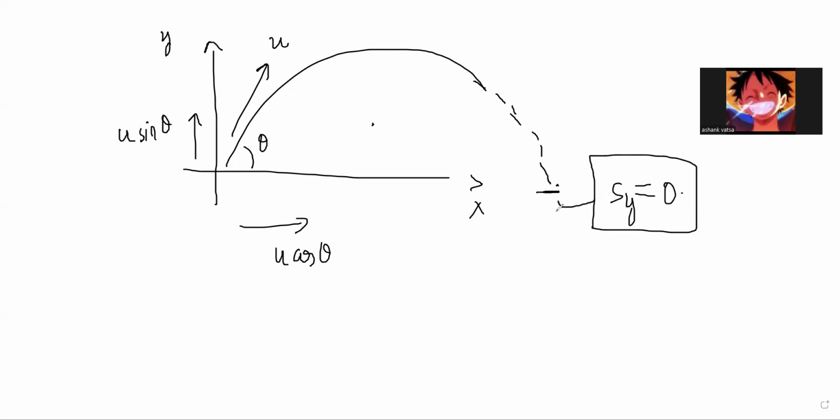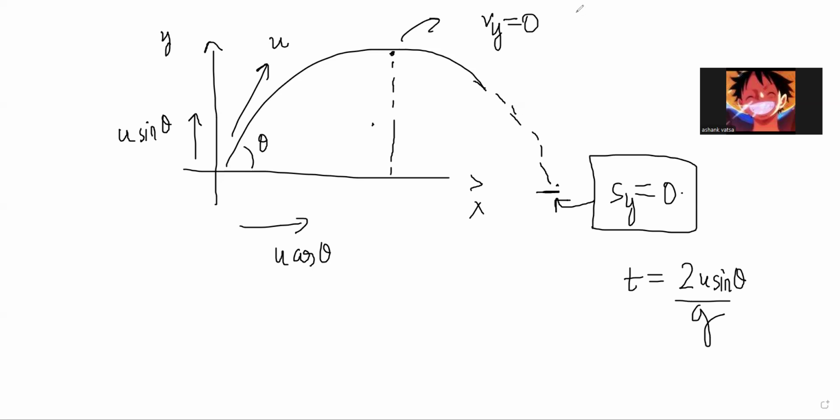That's how we found time of flight. It came out to be 2u sine theta by g. And if I want to find the point at which maximum height happens, I need to focus on Vy becoming 0 here. And we got the time at which it happens is u sine theta by g. And if you calculate the maximum height, it will come as u square sine square theta by 2g, applying the second formula.